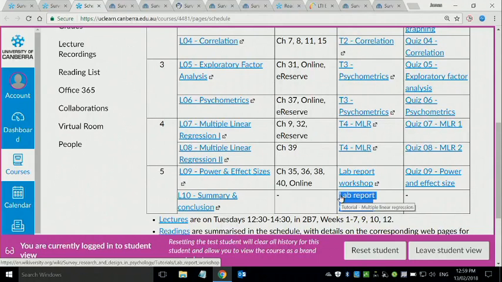So that would be the Wednesday of week 12, with the lab report due on Monday of week 13. So that's about 4 or 5 days before the lab report is due. So that's also a good day to mark out in your diary as a good one to come in and work on the lab report.